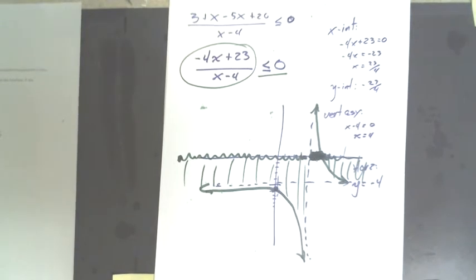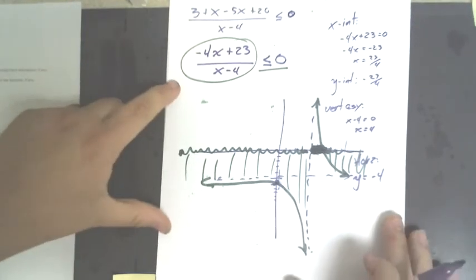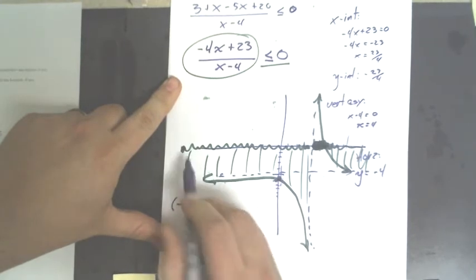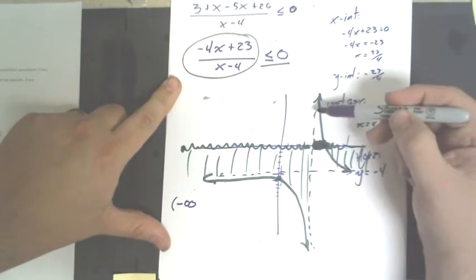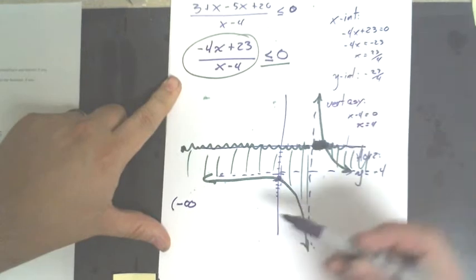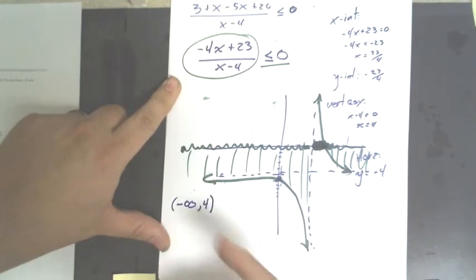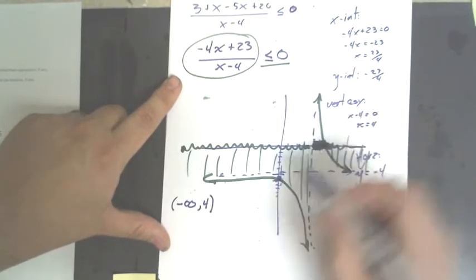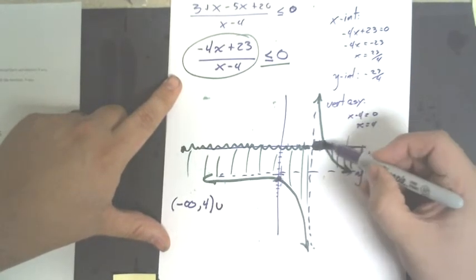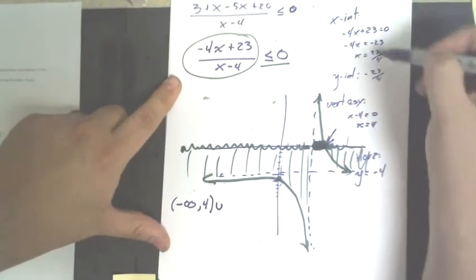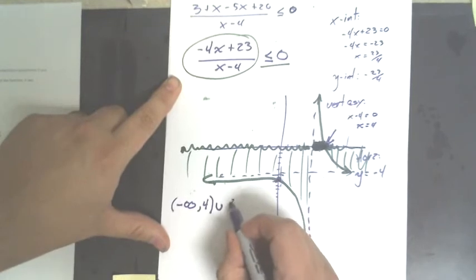So if we want to express a solution set, well, we're certainly going to go from negative infinity all the way to where this asymptote is. So from negative infinity all the way up to 4, but not including 4, because at 4 we're undefined. And then unioned with this point there, which we found, that was the x-intercept, 23 fourths.